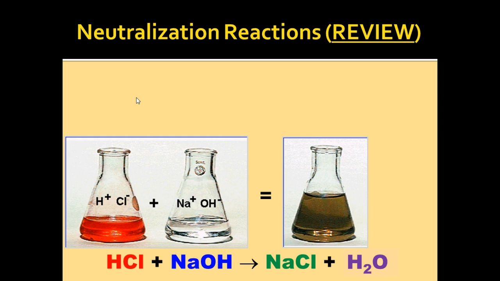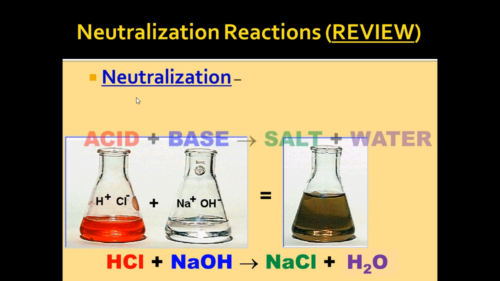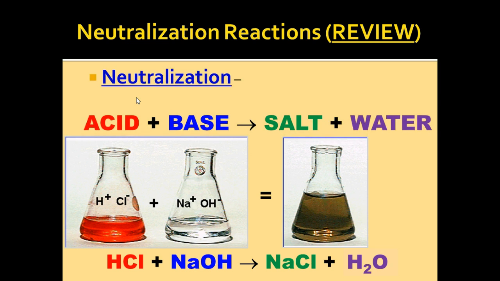And so, first, before we talk about titrations, you have to know what neutralization reactions are. Remember, a neutralization reaction is when an acid and a base react to form a salt and water, because they sort of neutralize each other.